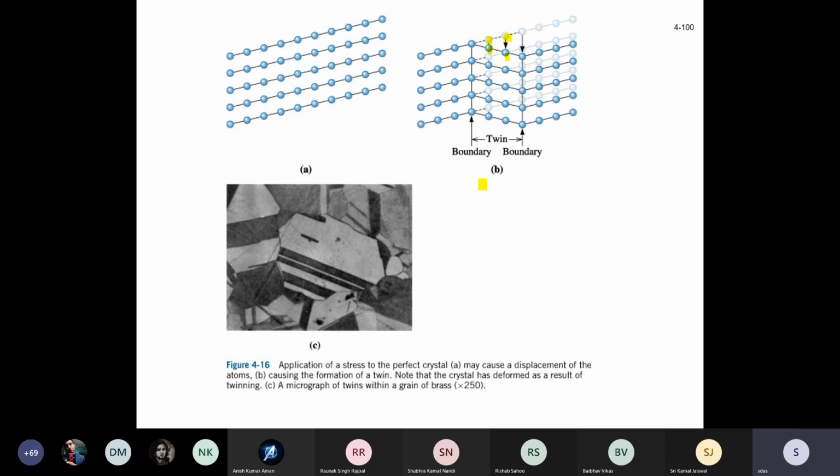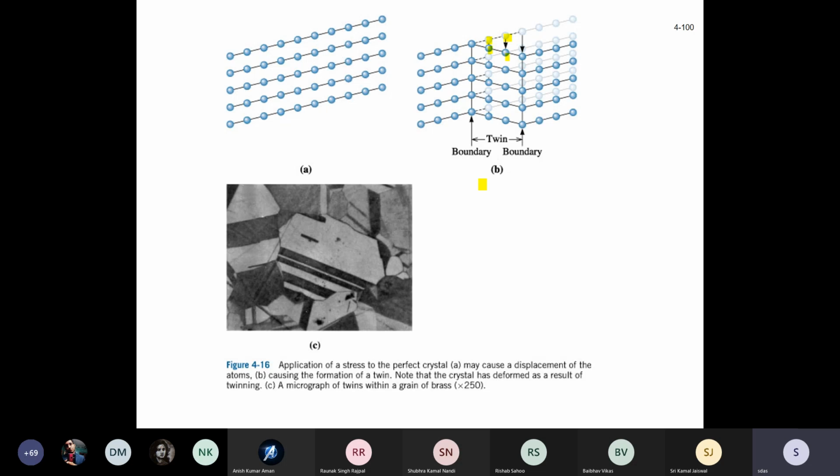The slip will take place. So twinning results in slips which otherwise was not possible because of the orientation of slip planes for a limited slip system material.